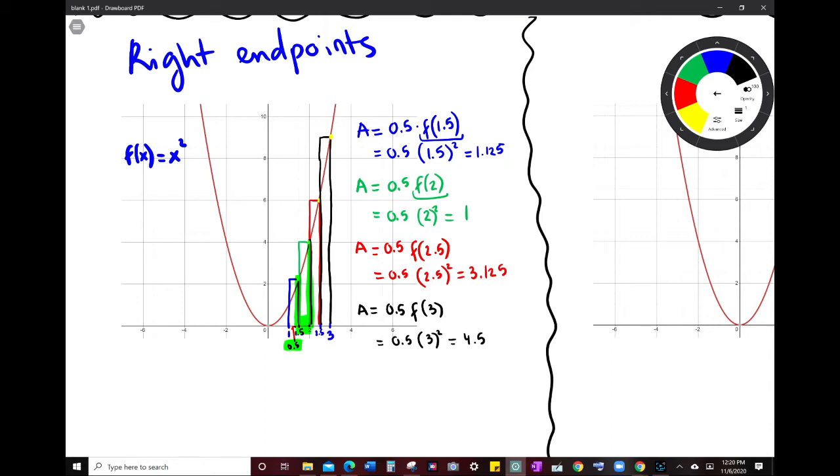Okay, so basically when you calculate the area under the curve with the right endpoint, that means you find the total of the area of the blue rectangle, green rectangle, red rectangle, and black rectangle added up together.